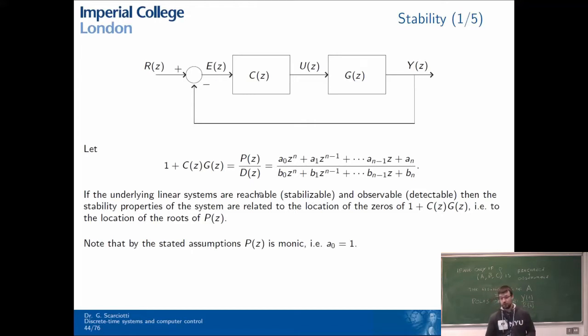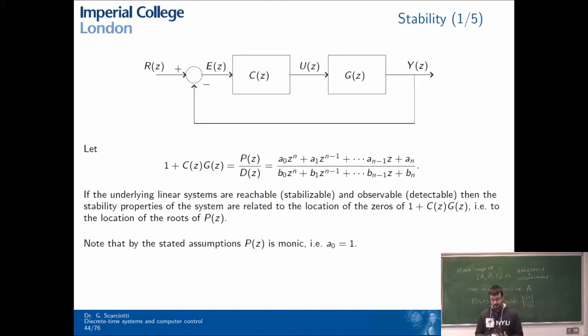So in continuous time, reachability and controllability are the same property, in the sense that even though they mean something different, okay, a reachable state is a state that can be reached from another state, while a controllable state is a state that you can control to 0, okay? In continuous time, they are the same property. If you can control a system to 0, you can also reach any state in the state space.